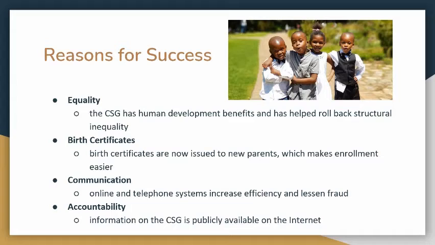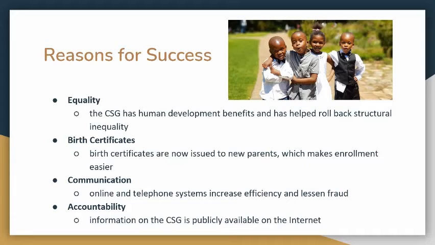The Child Support Grant has been successful for several reasons. For one, equality has increased due to the human development benefits the grant provides and how it has helped decrease structural inequality. Birth certificates have also become more accessible to new parents because of the grant, which helps facilitate the enrollment process.